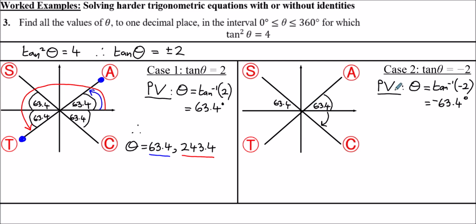And we want tan to be negative, so just consider in which quadrants tan is a negative function. Tan is positive in A and T, therefore tan is going to be negative in the S quadrant and the C quadrant. In the range from 0 to 360, we're after this angle here.